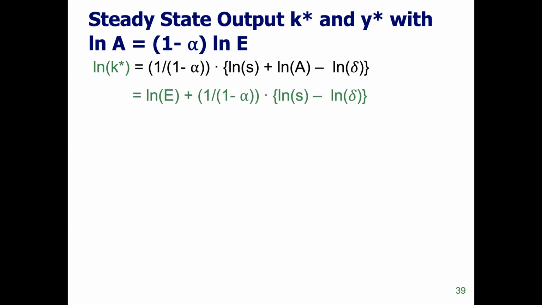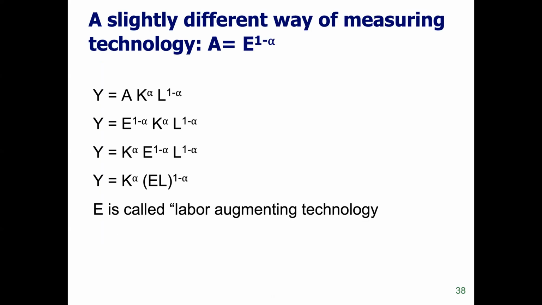Now let me just substitute in. If log A equals 1 minus alpha log E, that was on the previous slide, right? Actually, I didn't ever take logs, but look at that equation, A equals E to the 1 minus alpha.